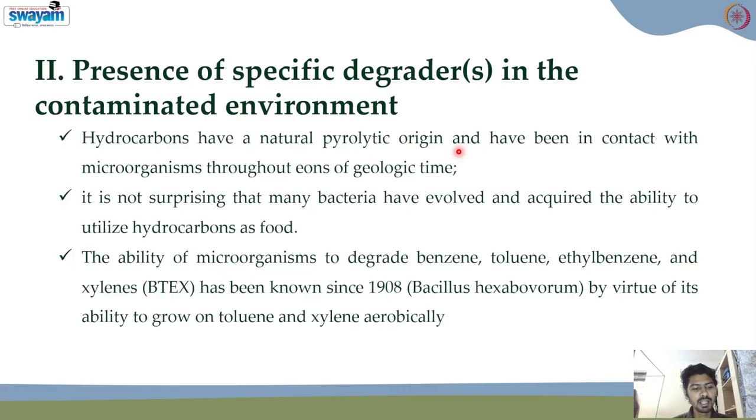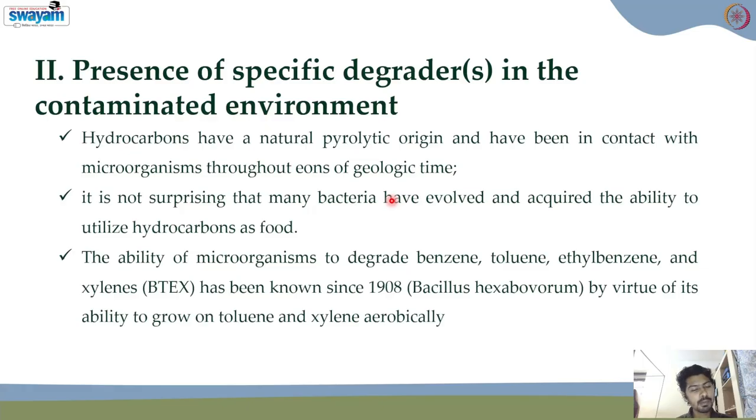So they are trained to evolve and feed on certain contaminants. For example, we can take the example of hydrocarbons in nature. What are the hydrocarbons that are present in nature? They can be oil, gasoline, or coal, and they have been around on the earth for billions of years.